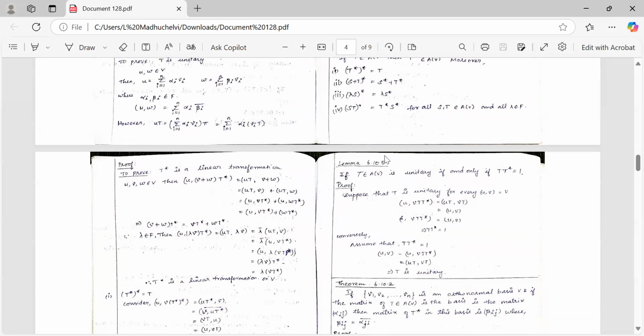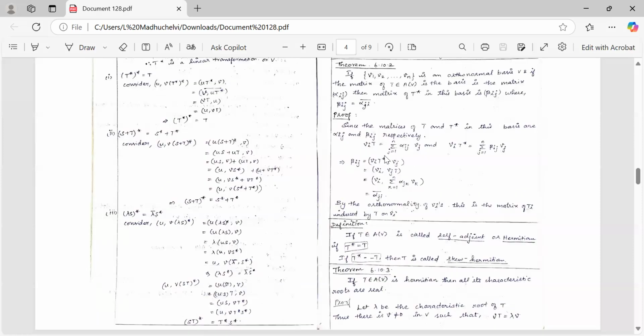For every u, v, inner product (u, vT star) equal to inner product (uT, vT), because T star T equal to 1, that is equal to (u, v). So (u, vT star) equal to (u, v) implies T star equal to 1. The converse part is, assume that T star T equal to 1, the inner product (u, v) equal to (u, vT star), that is (uT, vT), implies T is unitary.